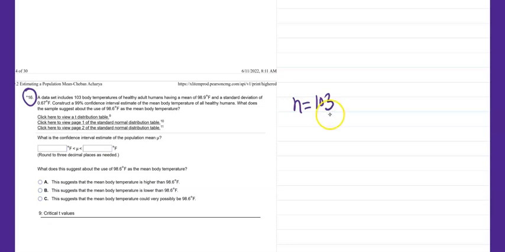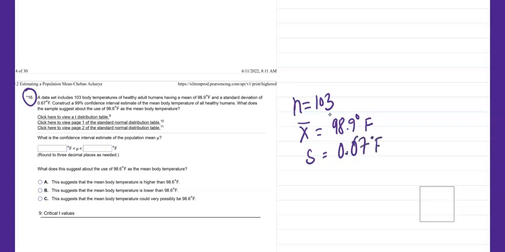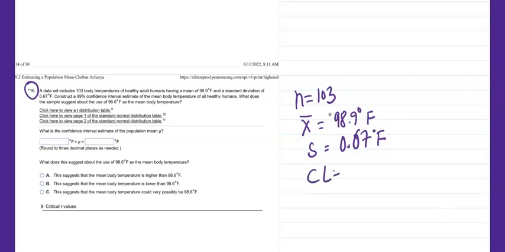We take 103 people's body temperatures and found the sample mean is 98.9 degrees Fahrenheit, and the sample standard deviation s equals 0.67 degrees Fahrenheit. Now CL here equals 99%, 0.99.